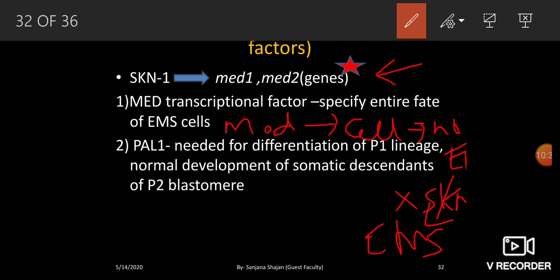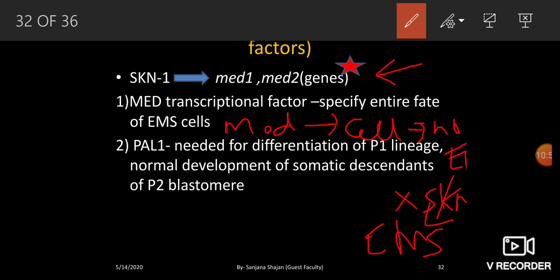So they came to the conclusion that the MED transcriptional factor is very important to specify the entire fate of the EMS cell. Whichever cell you take and express this MED gene in, it turns out to be an EMS cell.